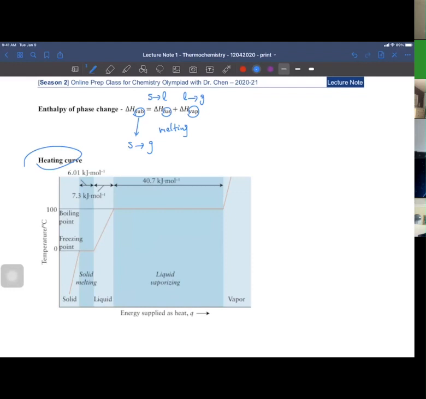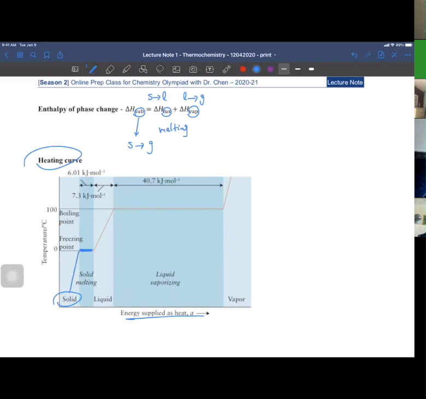So we have the heating curve here. Basically, it shows how the temperature changes when heat is added to the substance. First, it will be a solid, right, initially. And then when heat is provided, it will absorb heat, and the temperature will increase, and then there will be a flat area.